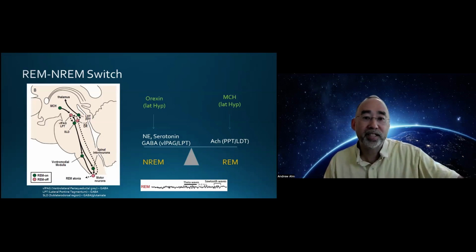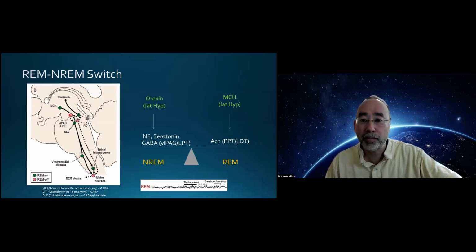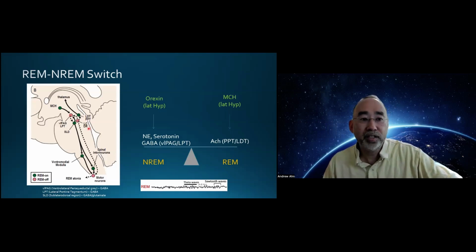So crucially, the ascending projections from the LDT and PPT are responsible for the key REM EEG features, such as theta waves, via connections to the septohippocampal region. And the descending portion from the SLD, another part of the REM on areas, causes muscle atonia of REM sleep by inhibiting motor neurons, primarily using GABA and glycine.